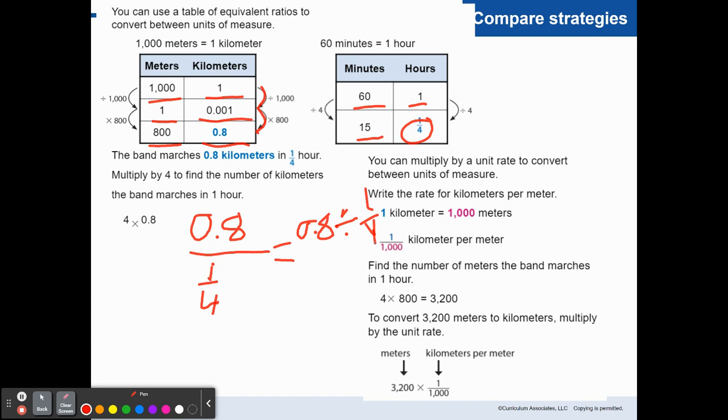So when we do this with fractions, we keep, change, flip. All right, so that's where this comes from.